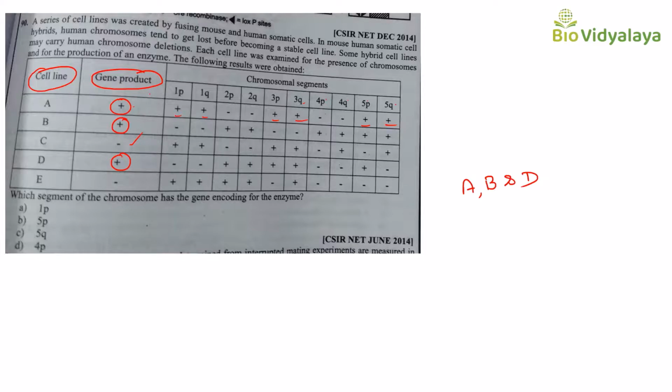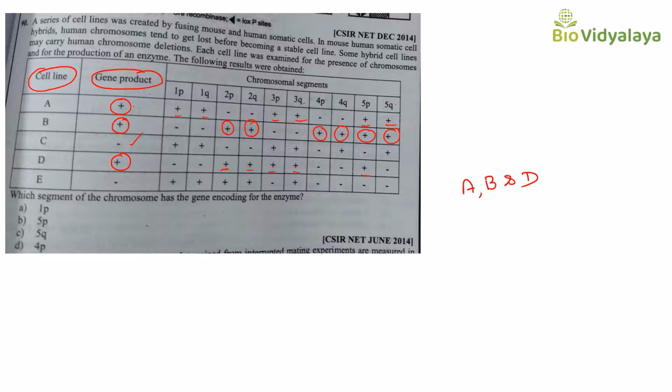In cell line B, 2p is positive, 2q is positive, 4p is positive, 4q is positive, 5p is positive, 5q is also positive. Next, cell line D: 2p positive, 2q positive, 3p positive, 3q positive and 5p is also positive.